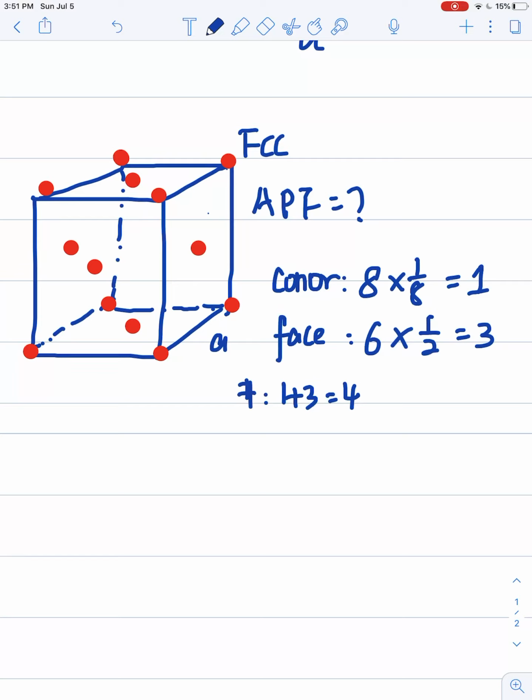Now we can start to draw just one side of the unit cell. Since we have an atom at the center of the face, that kind of pushes the atoms at each corner a little bit farther away.